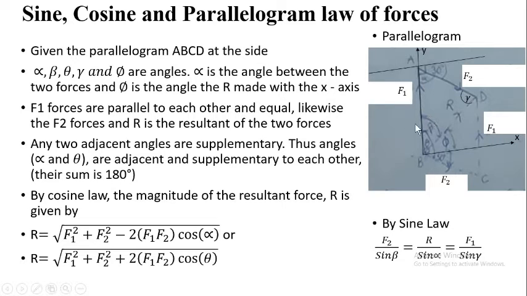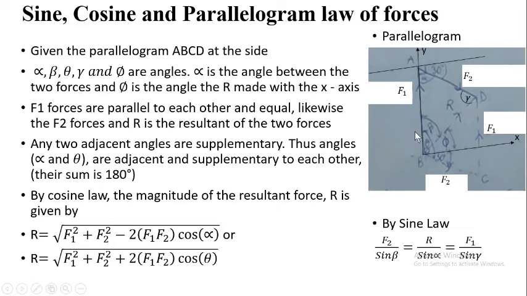Now, by cosine law, the magnitude of the resultant force R is given by R equals the square root of F1 squared plus F2 squared minus 2 times the product of F1, F2 cos alpha. Alpha is the angle between the force F1 and force F2, and theta is the angle adjacent to alpha.